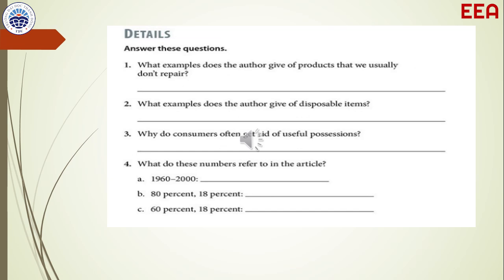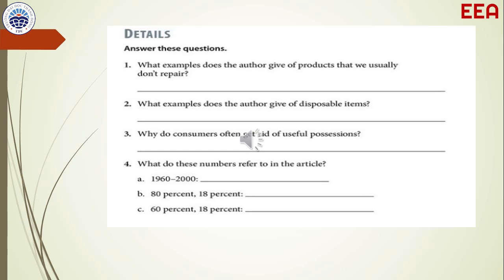Now the next exercise is about the detail information. You have to answer these questions from 1 to 4. However, it is not about the main ideas. You have to locate the details from the reading to answer these questions.